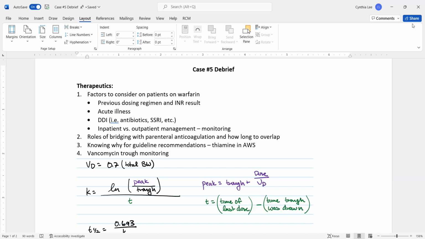And then inpatient versus outpatient management is also slightly different. For the dosing part, in the inpatient setting you can just give any dosing, right? You don't have to think about tablet sizes, so you have more variable dosing strengths that you can give the patient. But for outpatients, you have to match it with whatever tablet strength the patient has, right?